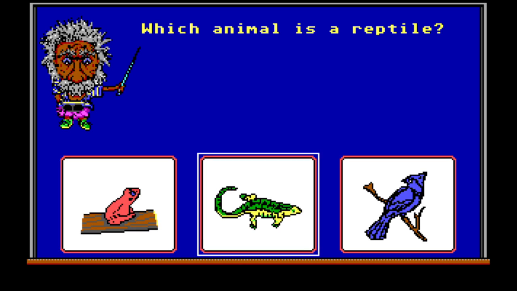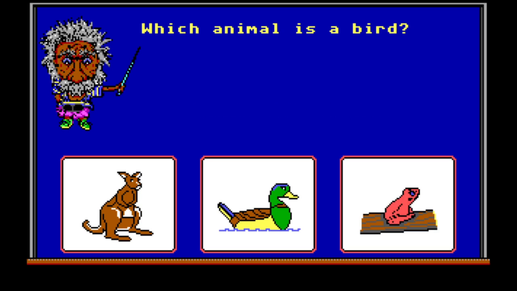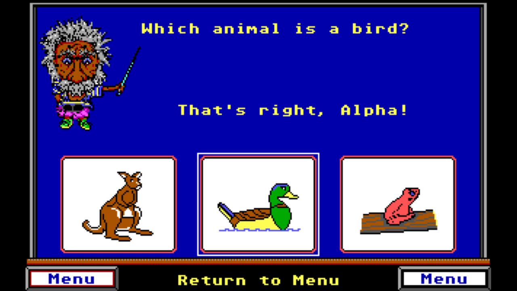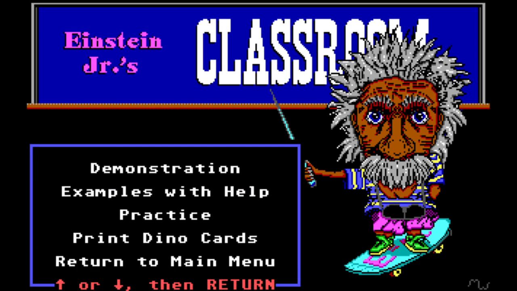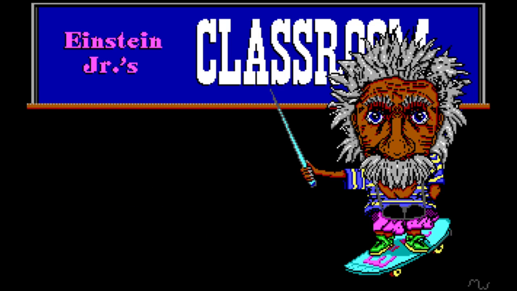So this little creature in the middle must be a reptile. And quack quack. Oh, was it? So that's classify 1. What is classify 2?